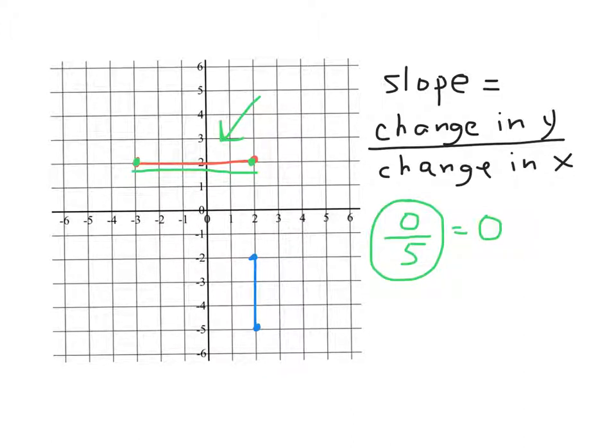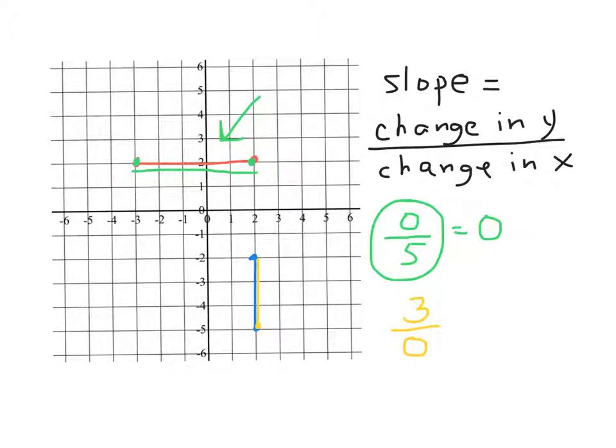So let's talk about the blue vertical line that I've drawn. We're going to go through the same process. If we start at one point and go up to the next point, the change in y in this case is 1, 2, 3. So the change in y is 3. The change in x, though, we don't move at all along the x, so its change is 0.